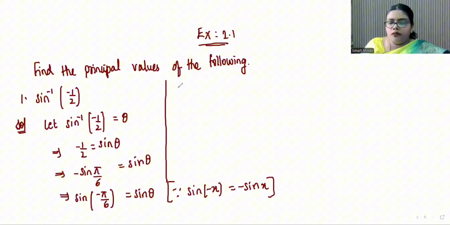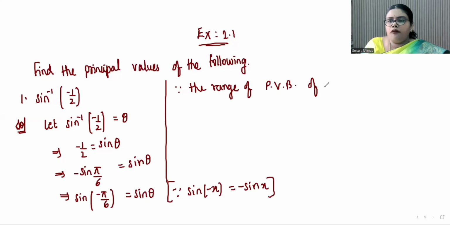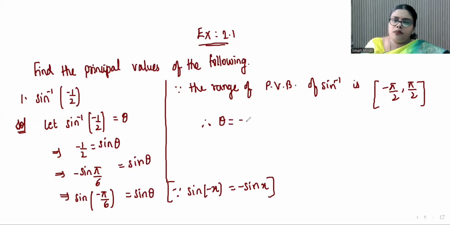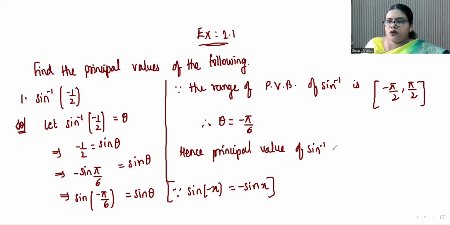Now we already know that since the range of principal value branch of sine inverse is closed interval minus pi by 2 to pi by 2. So therefore, theta equals minus pi by 6. Hence, principal value of sine inverse of minus 1 by 2 is minus pi by 6.